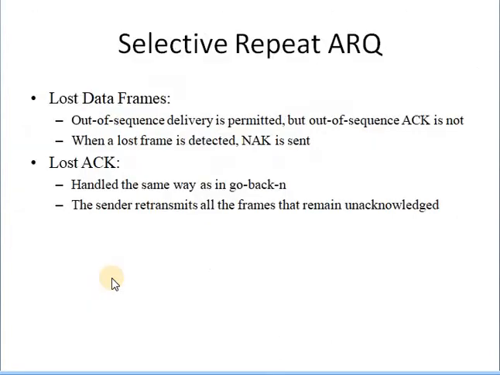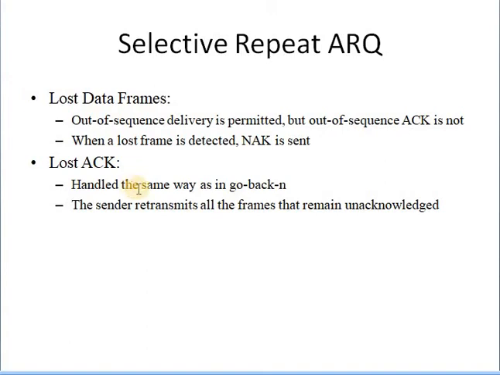Next point is selective repeat ARQ, lost data frames. In the situation of a lost data frame, out-of-sequence delivery is permitted, but out-of-sequence acknowledgement is not. When a lost frame is detected, a NAK is sent.